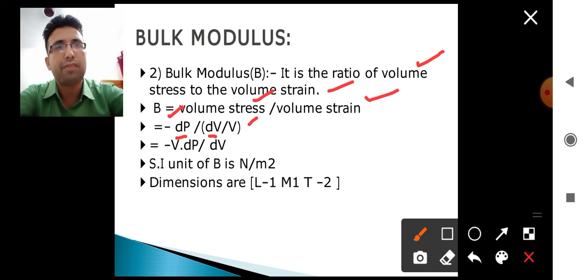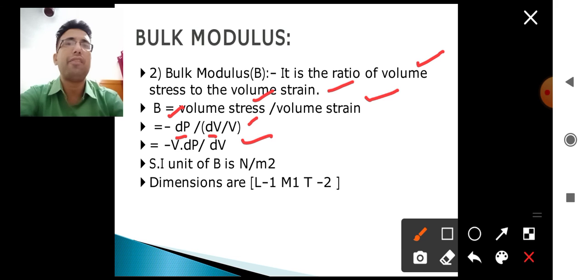So we will simply put the values in the equation and calculate the bulk modulus.